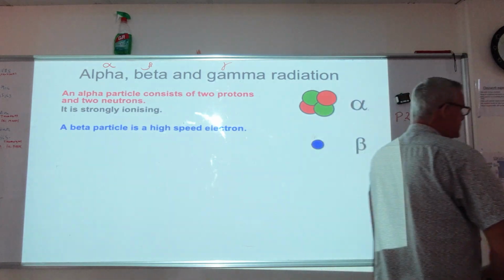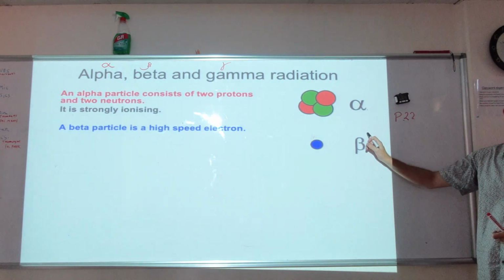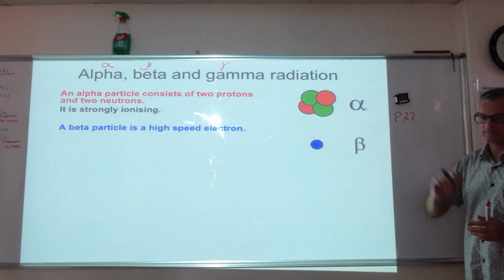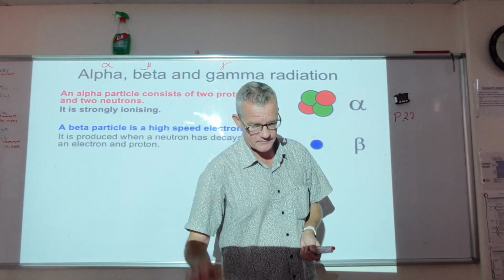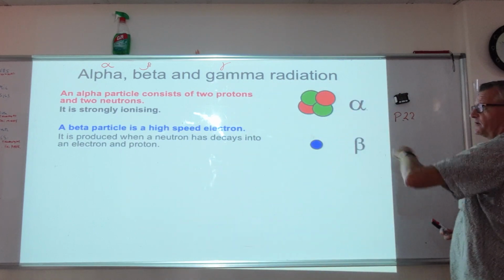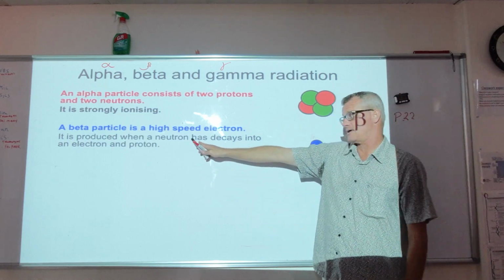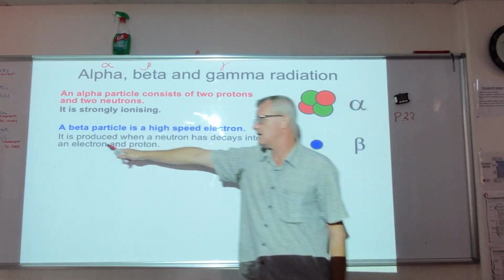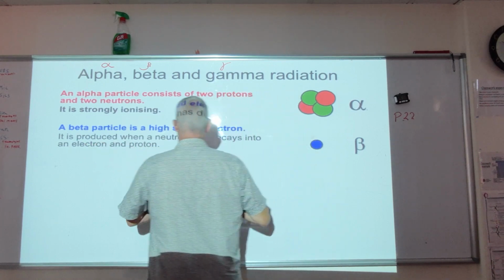And we have the beta. Beta is a high-speed electron, so it has a negative charge. It is produced when a neutron decays into an electron and a proton.